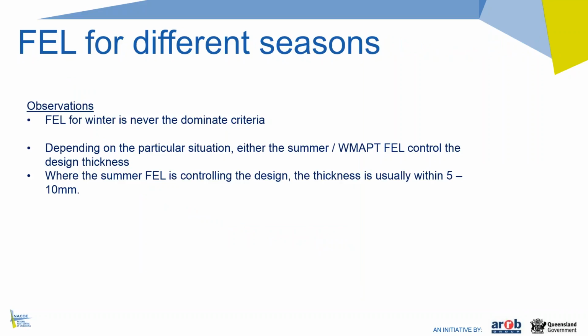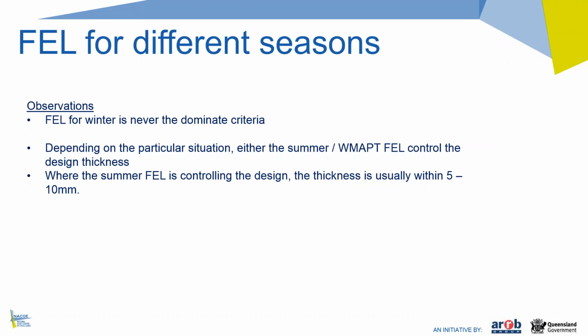Just on this fatigue endurance limit in the APA method, it would be beneficial to point out that the method proposes checking whether the strain is within the FEL for three different scenarios. First is the summer condition, then the second one is at the WMAPT, as Austroads usually considers at this temperature, and the winter condition as well.